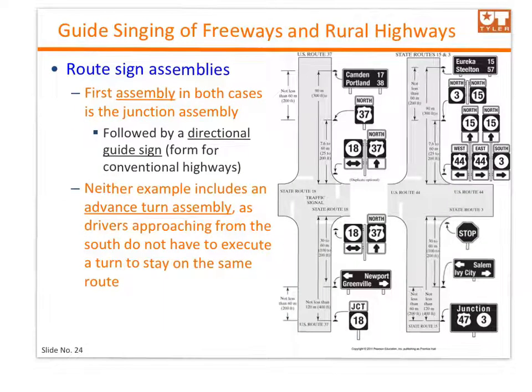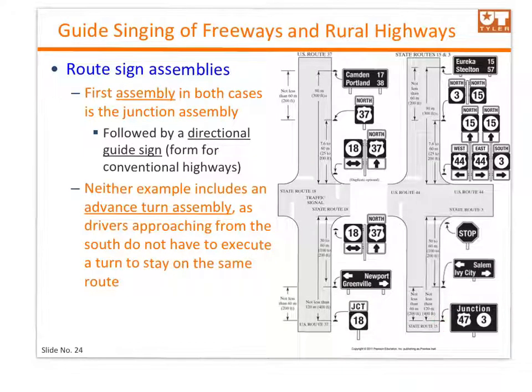So here, let's see several examples of assemblies and where we need to put them and what we name each one of those. As you can see from these couple of examples, the first assembly in both cases is the junction assembly, which is right here.